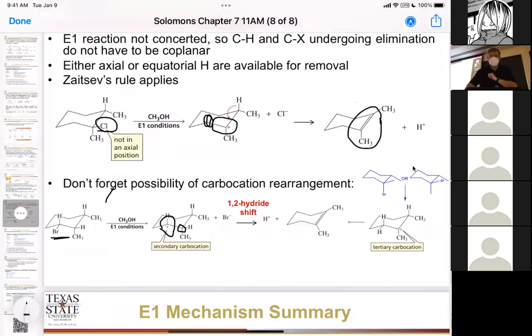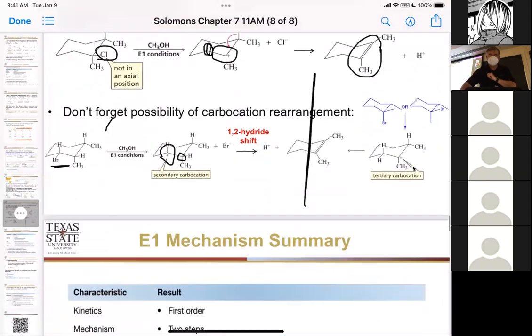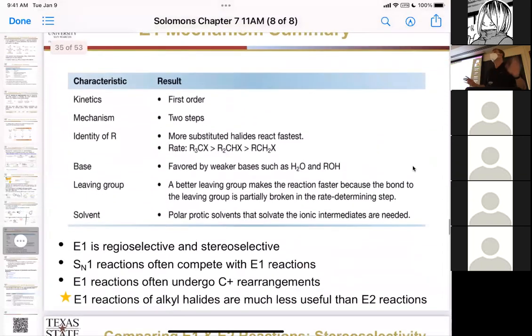Okay, so that means that in summary, we have first order kinetics. It only matters what kind of alkyl halide you have. It's in 2 steps. You always form a carbocation. That means tertiaries react faster than secondaries, and primaries hardly react at all. It's favored by weak bases, water and alcohols.